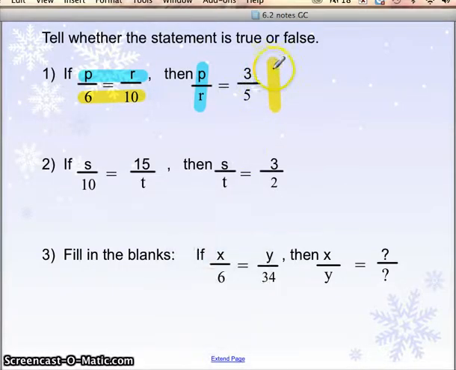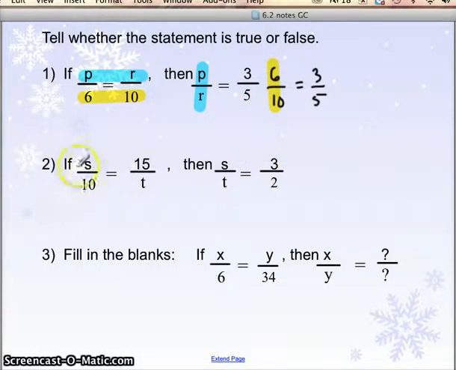Okay, so if I had a 6 here and a 10 here, going vertically, well, 6 over 10, if I divide the top and the bottom by 2, 6 divided by 2 is 3, and 10 divided by 2 is 5. So it does work.